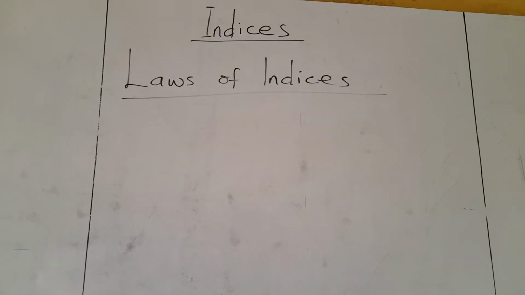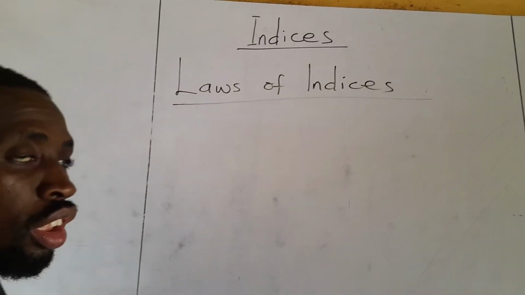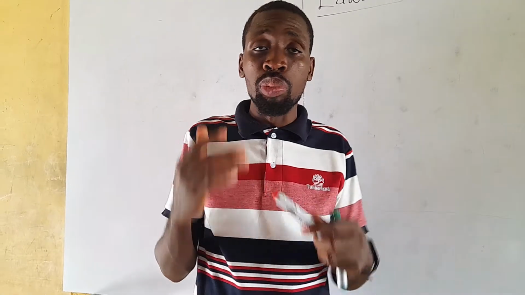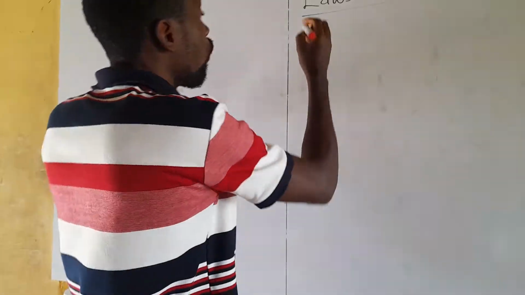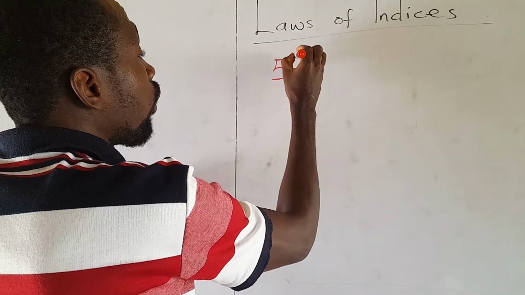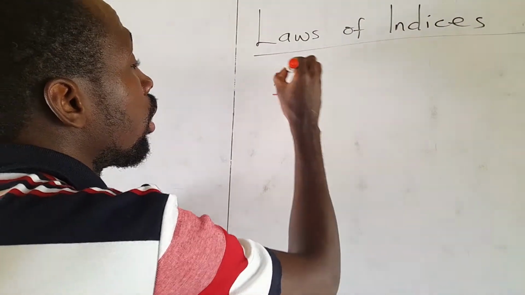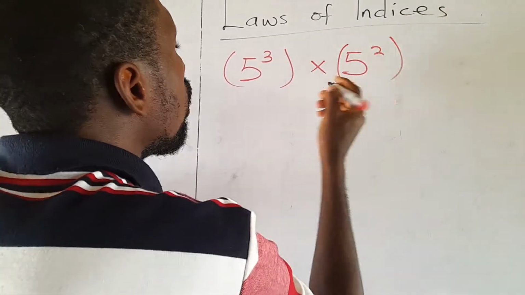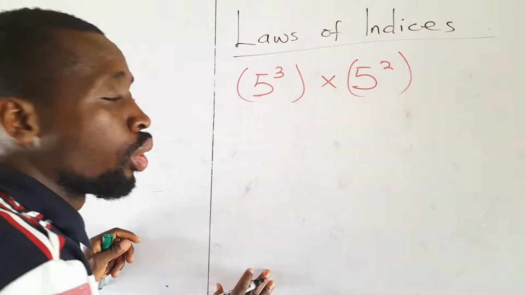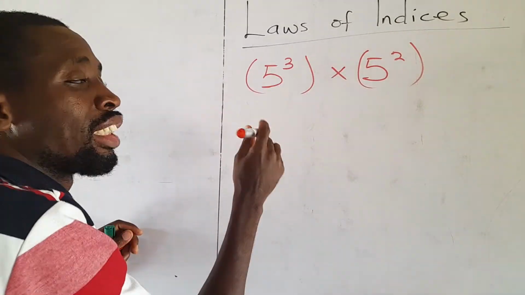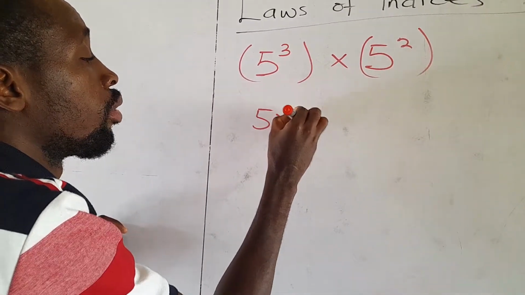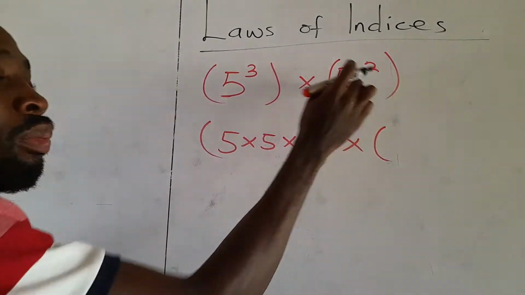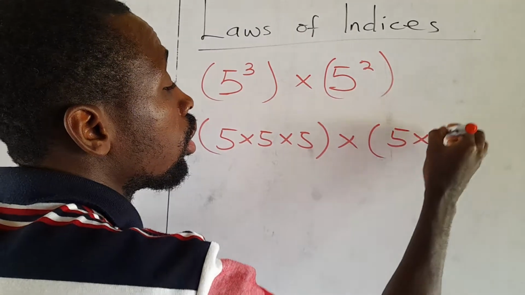The next thing we'll talk about is some laws governing indices. They are very fundamental in understanding indices, so please take note of it. If I have, let's say, 5 exponent 3 times 5 exponent 2, now 5 exponent 3, from what we learned, means 5 multiplying itself 3 times, so 5 by 5 by 5, and 5 multiplying itself twice, so 5 times 5.